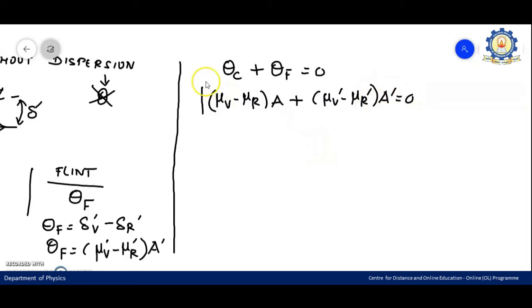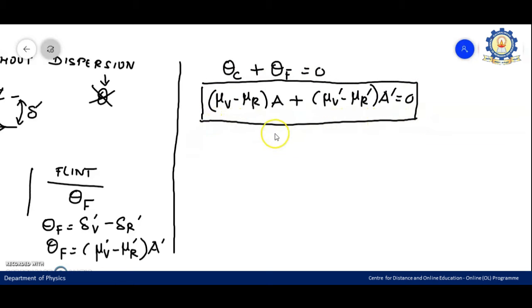So this is the condition for achromatic combination, and also you can say this is the condition for deviation without dispersion. In this expression I am going to make a rearrangement and write an expression for the angle of the prism. That is, I am going to keep this term on the left hand side.